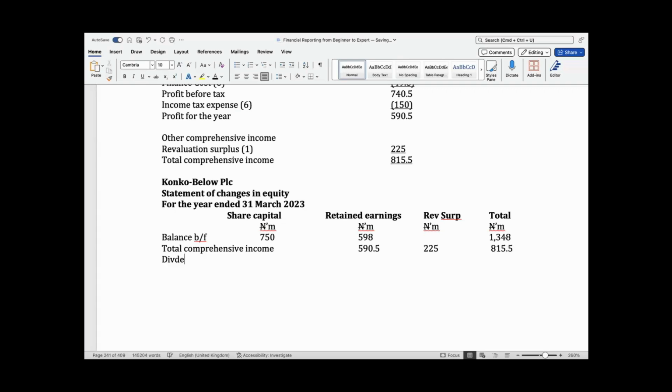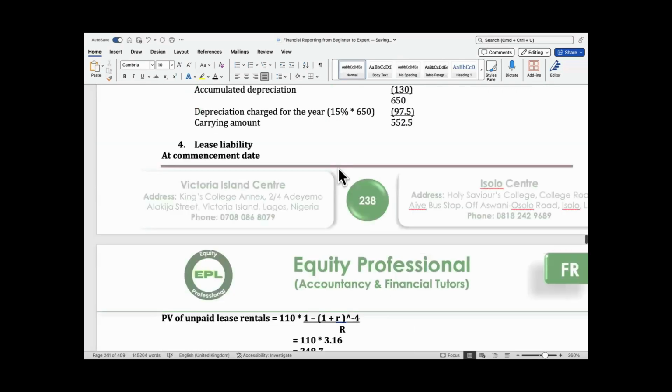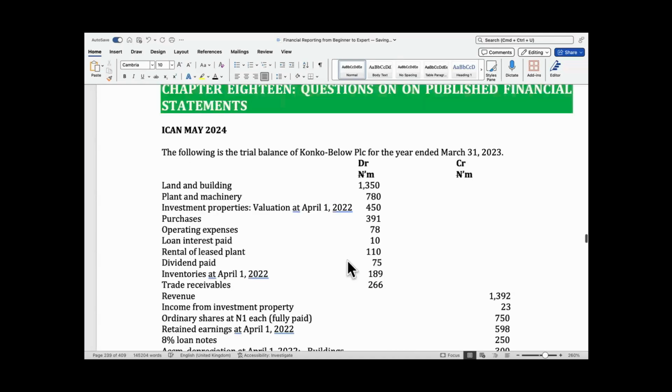Then what is left is just, I saw a dividend paid from the trial balance, which I'm going to remove from here. And how much was that dividend paid? 75. Yes, 75. Dividend paid is 75.